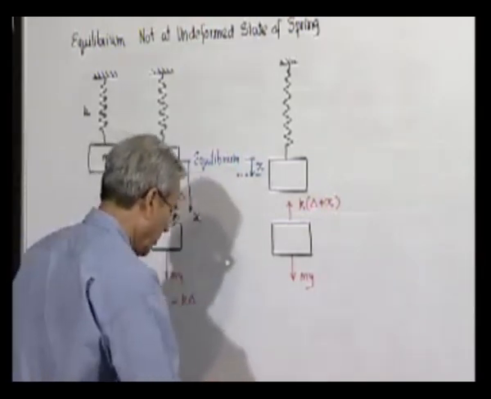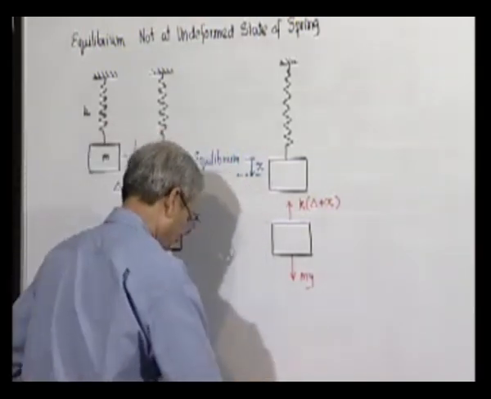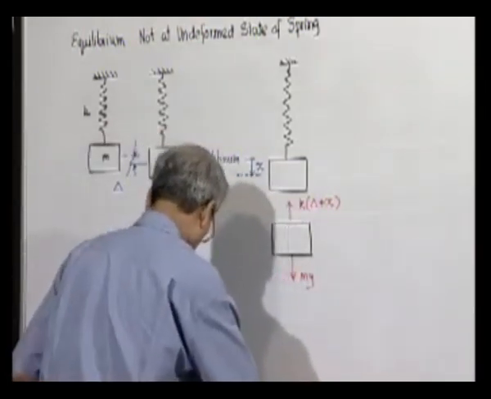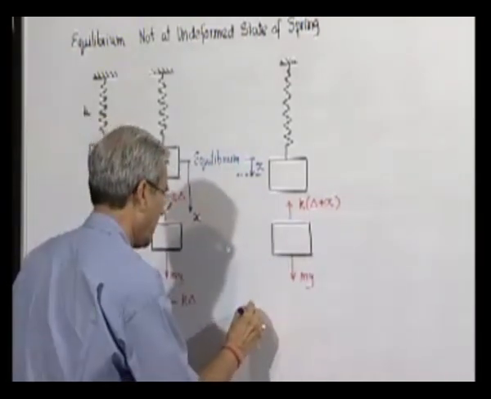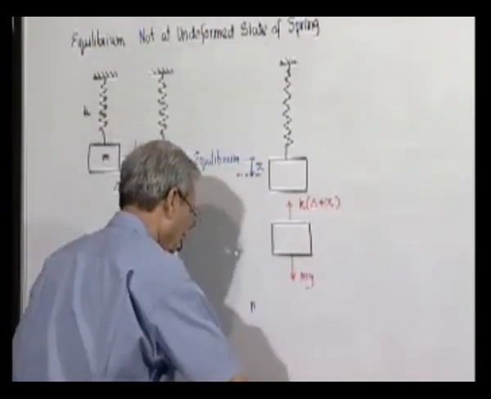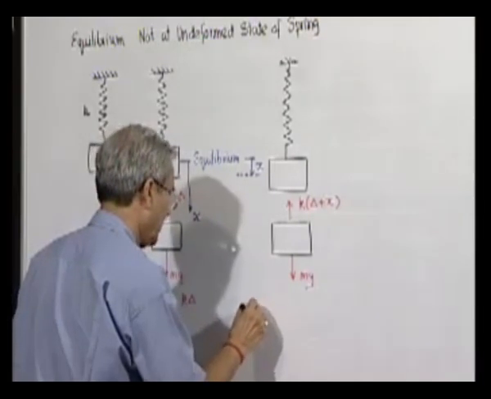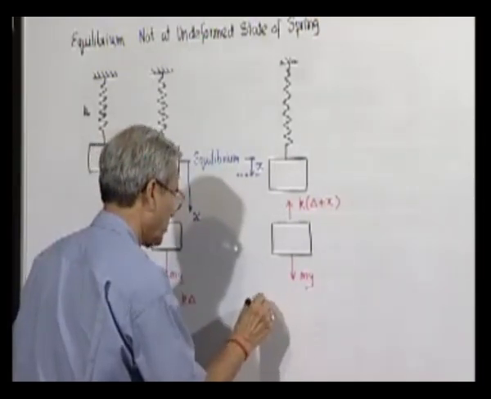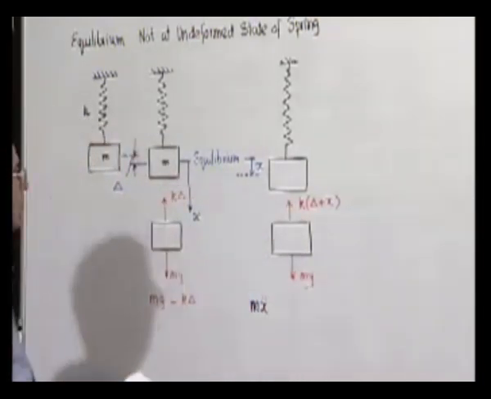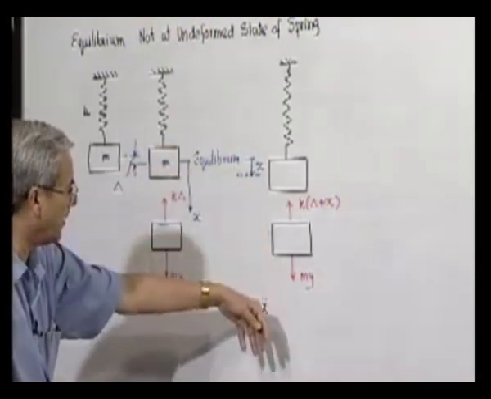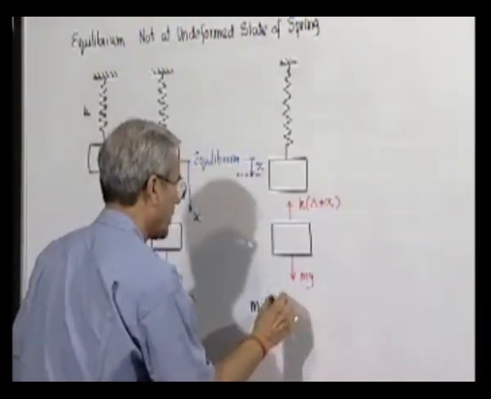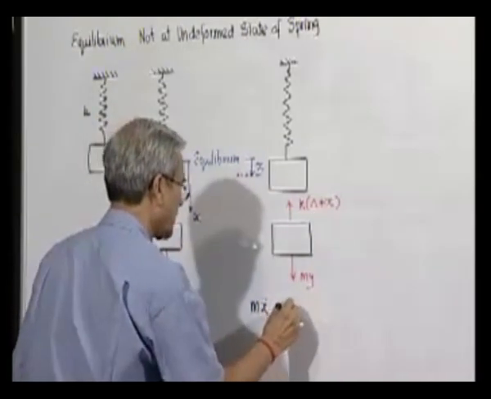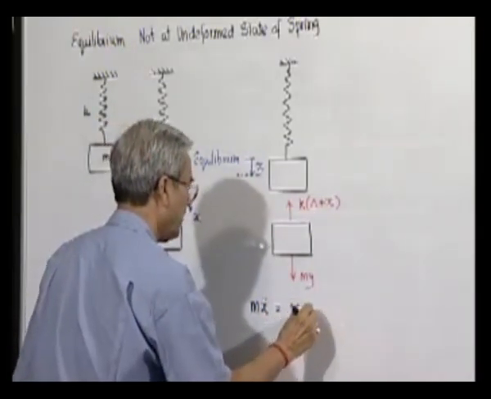So now the equation in this direction will be m x double dot, which is the mass into the acceleration of the body in this direction, and that must be equal to the total force in this positive x direction, that is mg minus k into delta plus x.